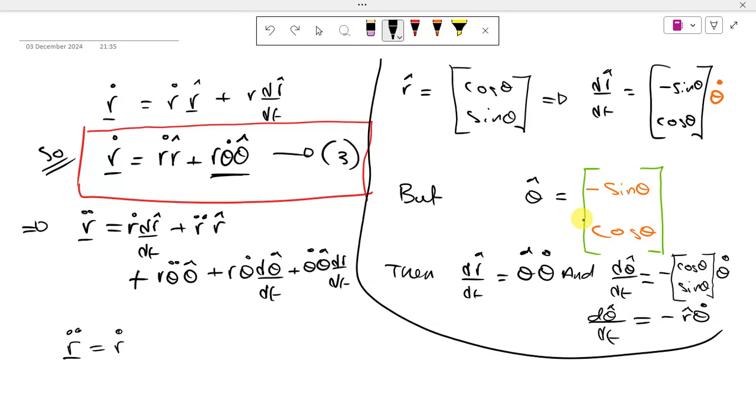And we've got r dot theta dot theta hat. I should really have underlined that for a vector. Plus r double dot r hat. That's this component here.